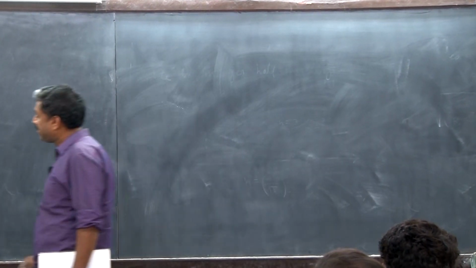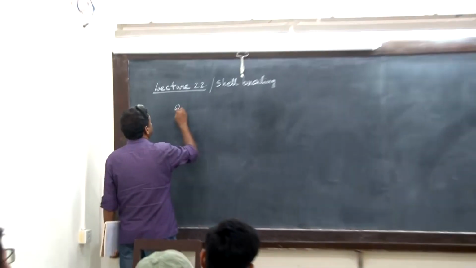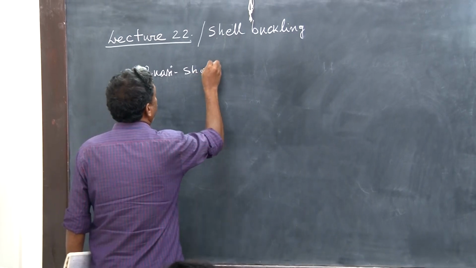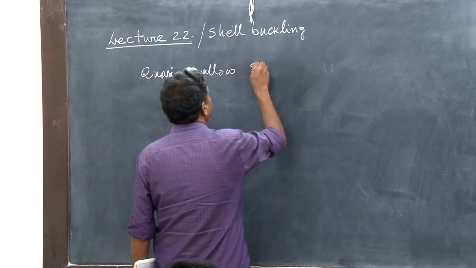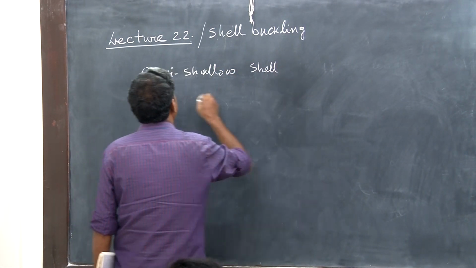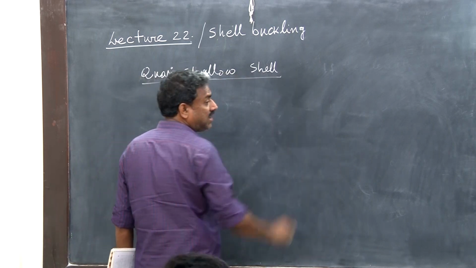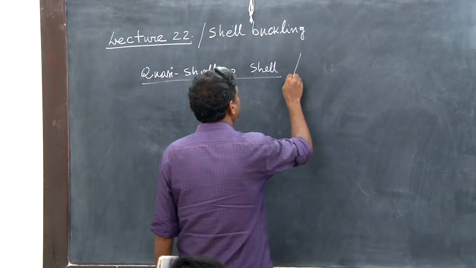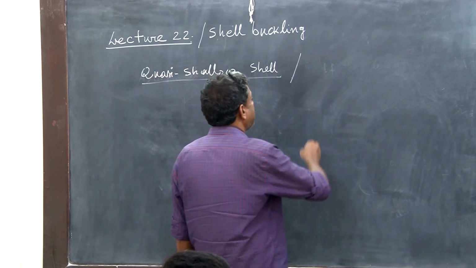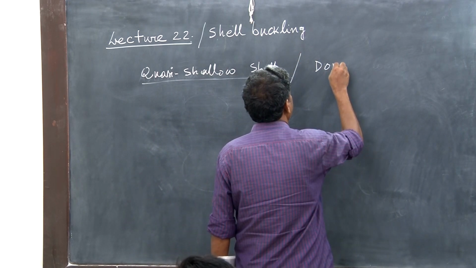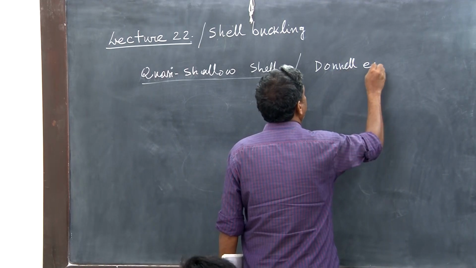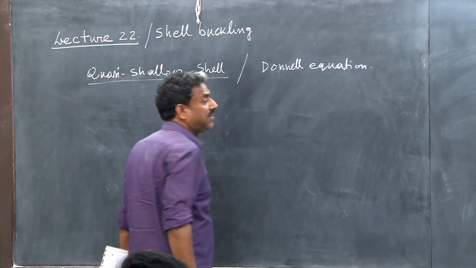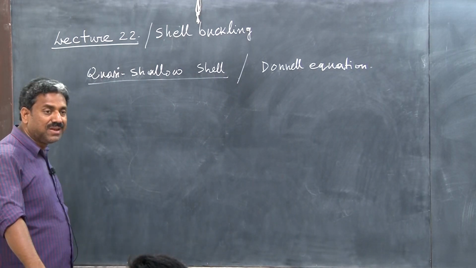So we will derive this quasi shallow shell theory and the buckling of that, and from this we will essentially obtain the Donnell equation, okay. This is the Donnell equation for shell buckling.